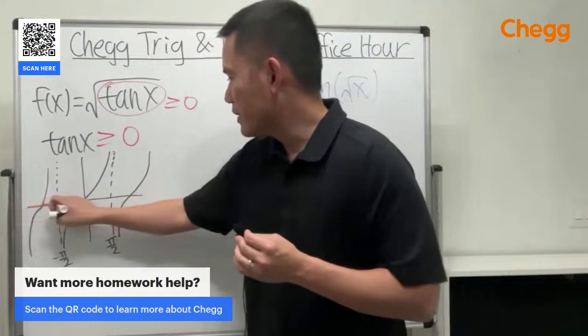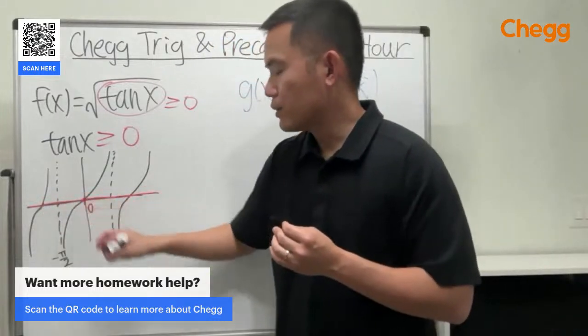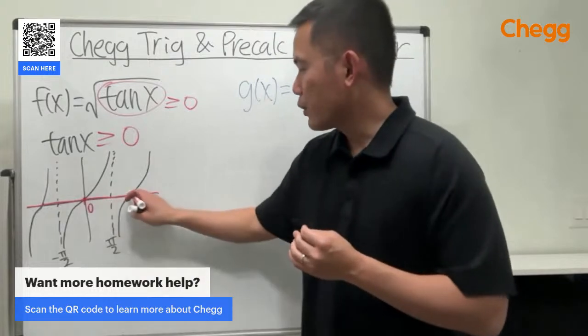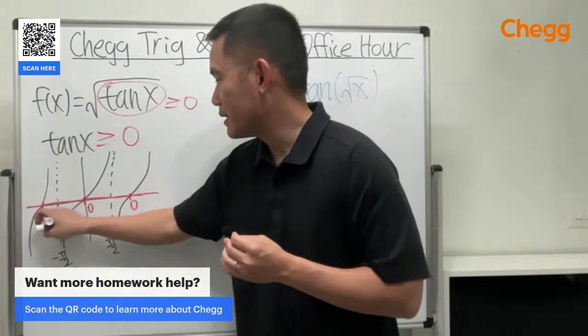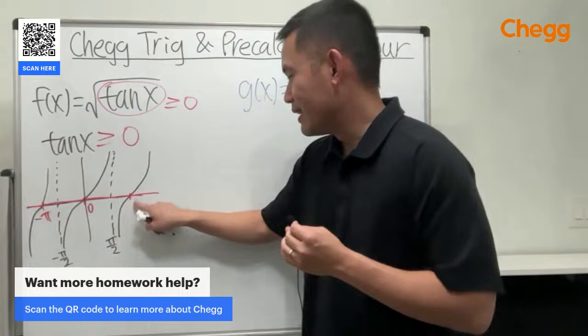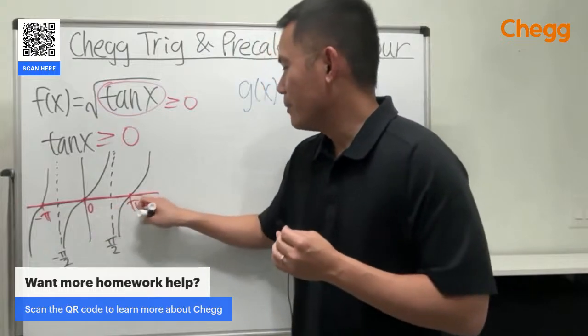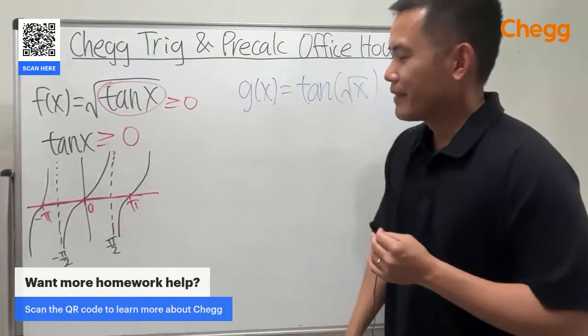Now, we just want anything that's above the x-axis. So right here, the first value is 0. The next value is 0, and then pi. I know I made a mistake. I mean 0 and then pi, because when you have pi, you also get 0.